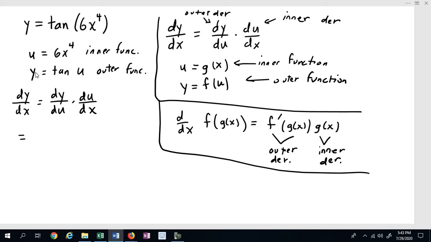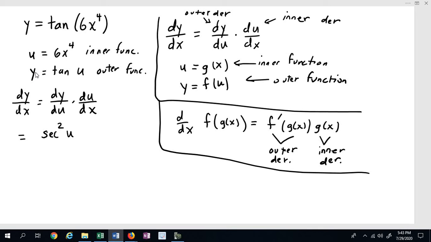The first thing we're going to do is find the derivative of y with respect to u, in other words, the derivative of tangent of u with respect to u. And of course, the derivative of tangent of u with respect to u is secant squared of u.